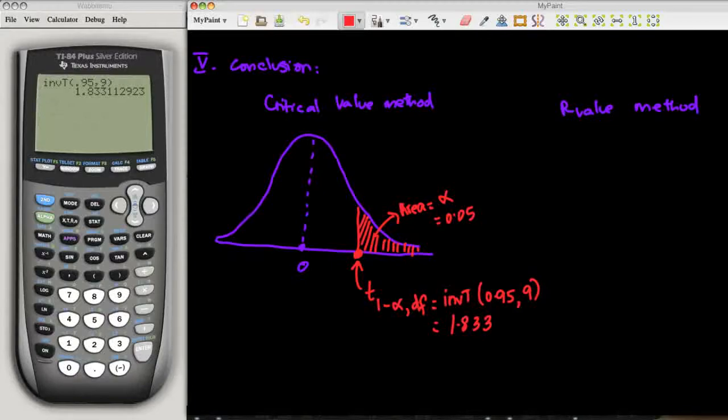Now I have to find if I will reject the null or not. The test statistic was negative 0.9999. So that is the test statistic from step 3, and this is the critical value.